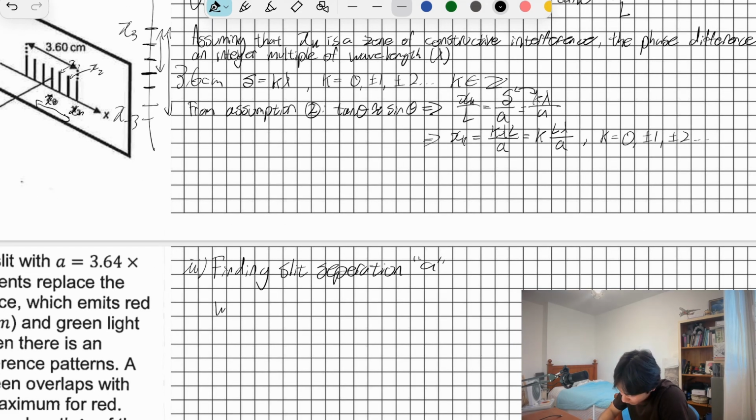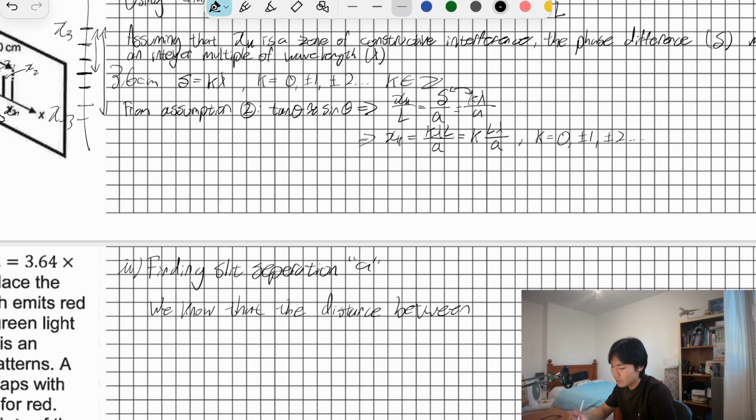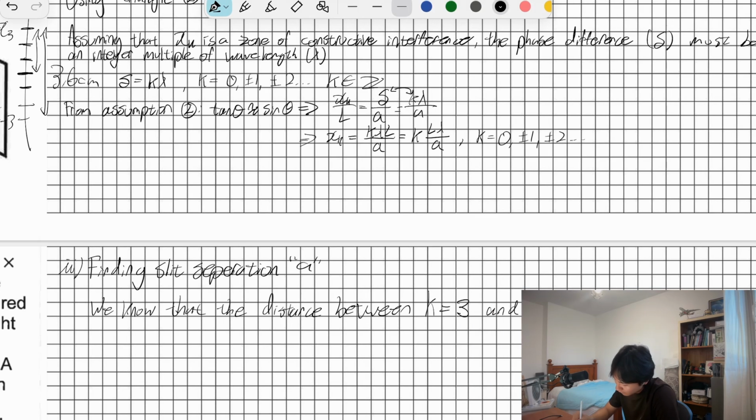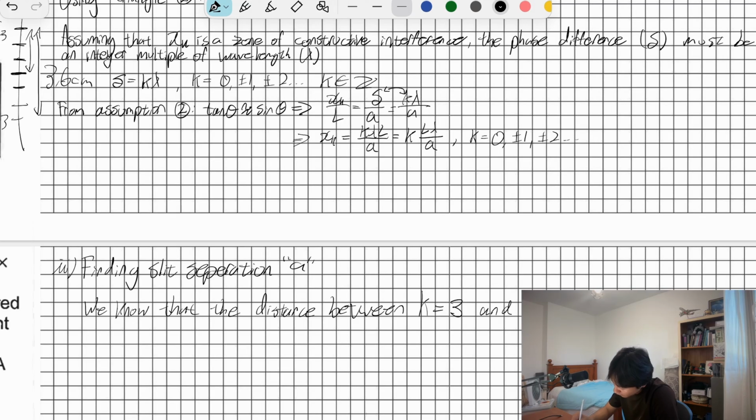We know that the distance between k equals 3 and k equals minus 3 is 3.6 centimeters.